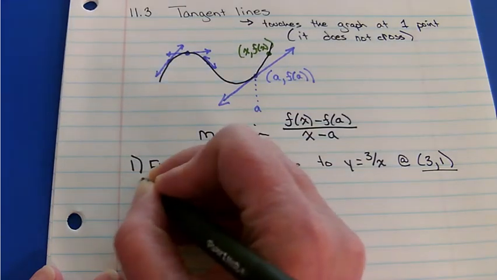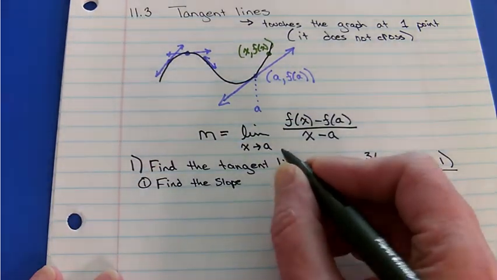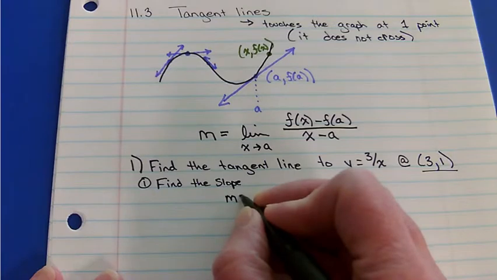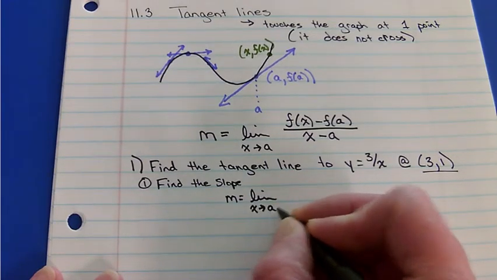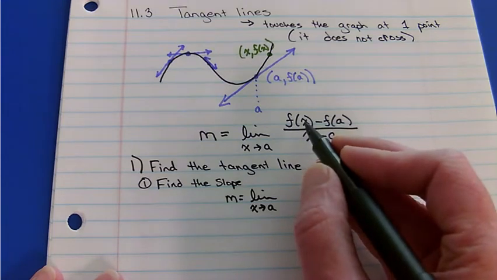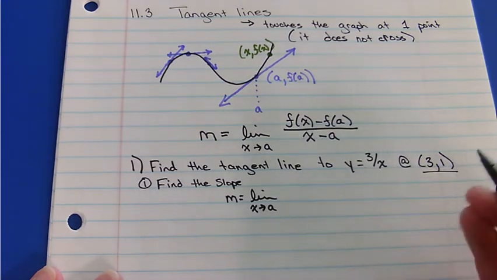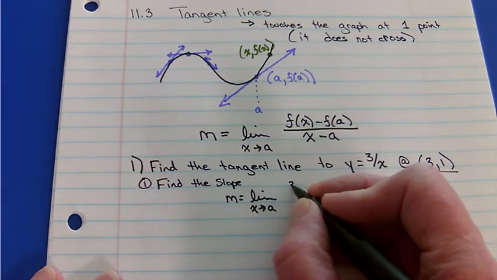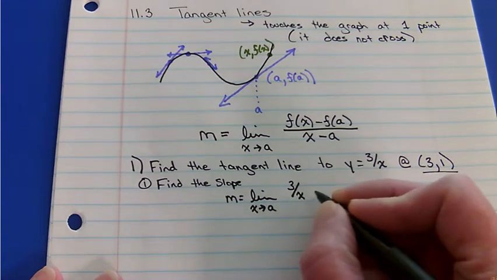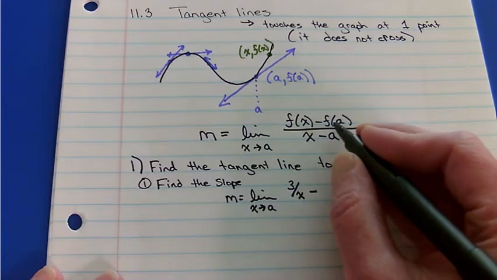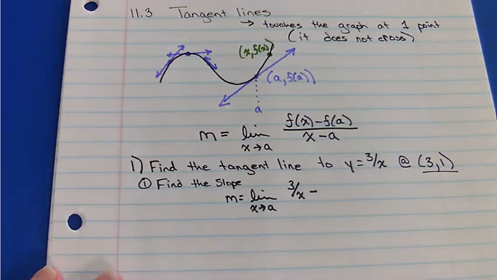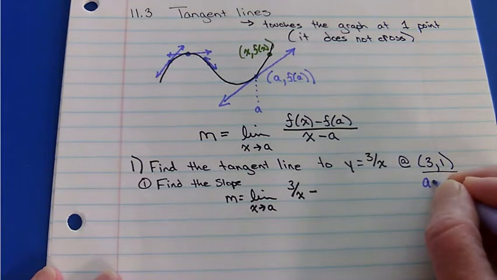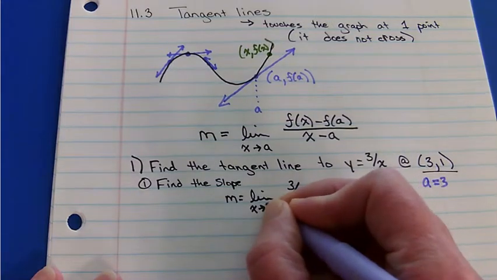That's our first step. So I'm going to use this limit to find the slope. So it says to put in f of x, which y is the same as f of x, so that's going to be 3 over x, minus that function evaluated at this x value. So a is 3, and I should have put 3 in here.